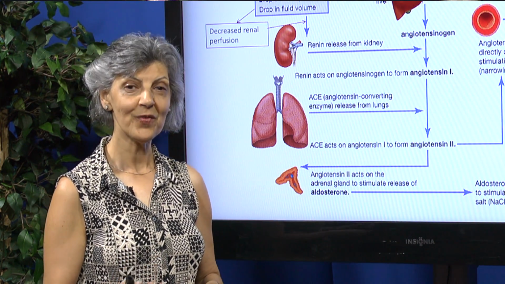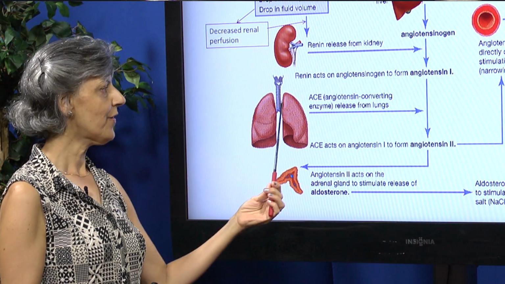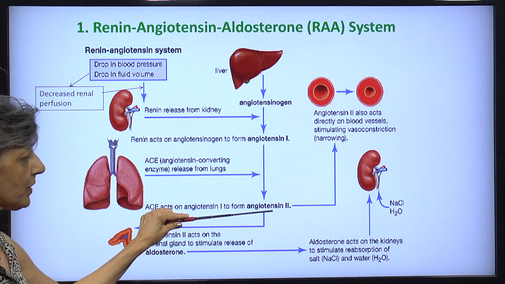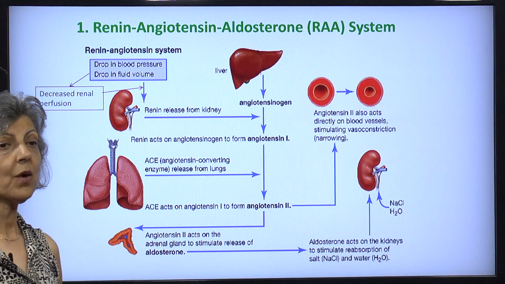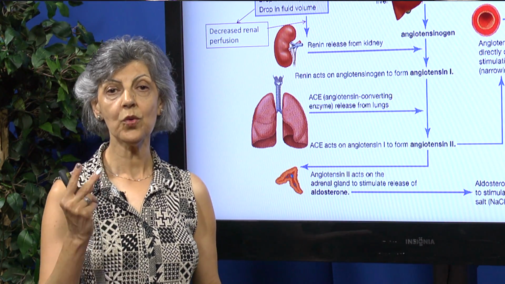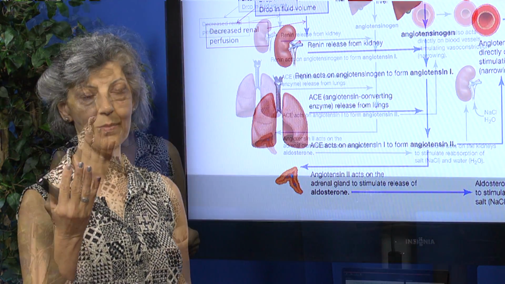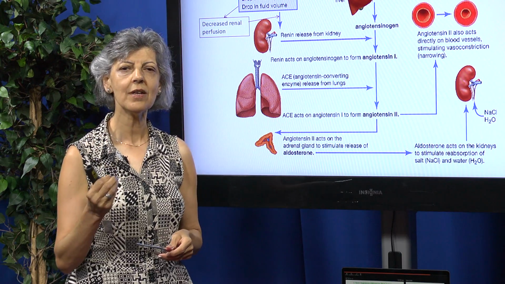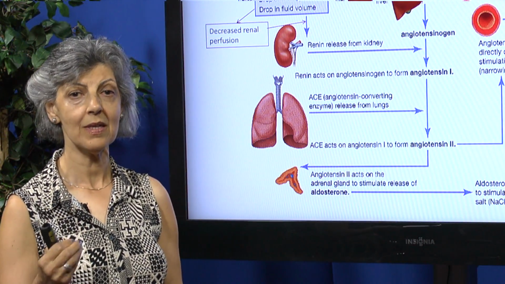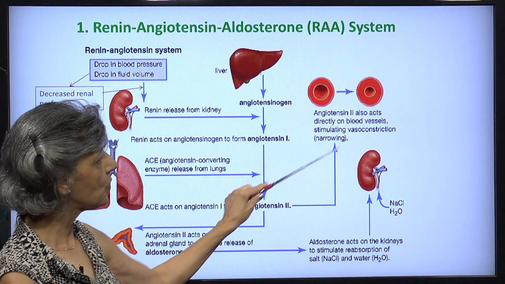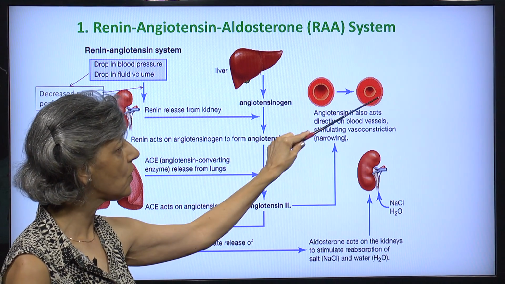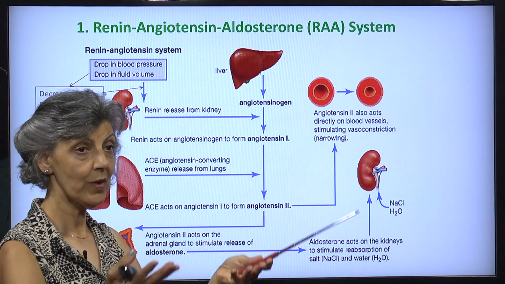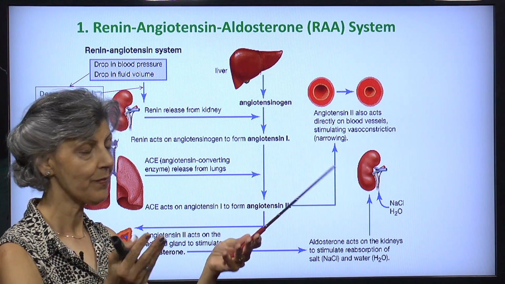Angiotensin 1 is converted by a substance from the lungs called ACE into angiotensin 2. Now, angiotensin 2 has two effects that will raise the blood pressure back to normal. First, angiotensin 2 is the strongest vasoconstrictor substance in the body. So angiotensin 2 will vasoconstrict all of the systemic blood vessels, and we know vasoconstriction will raise the blood pressure.